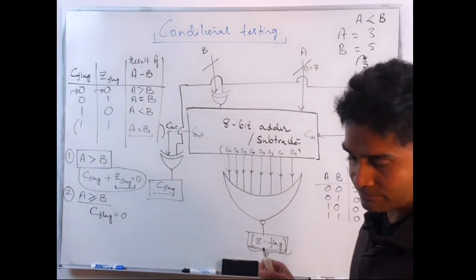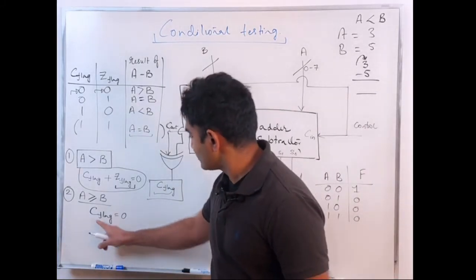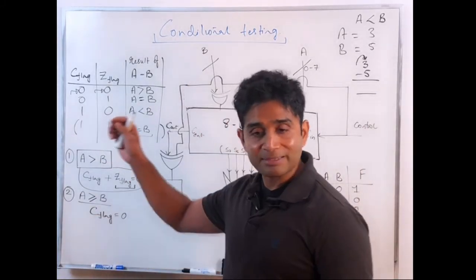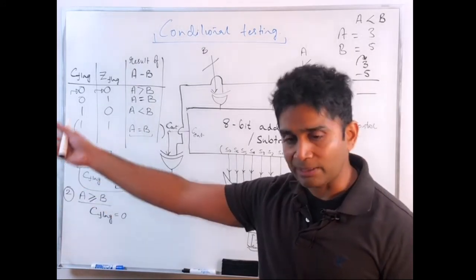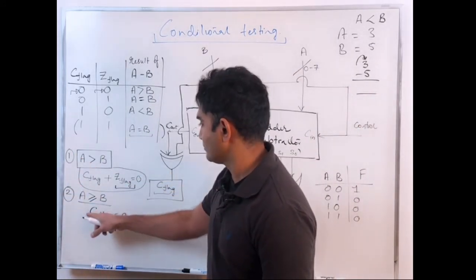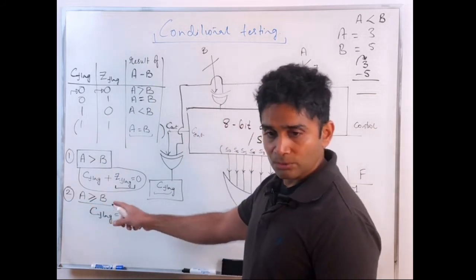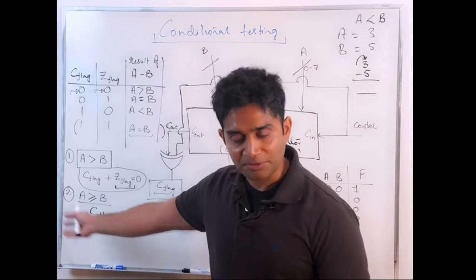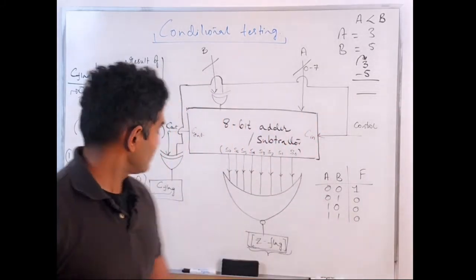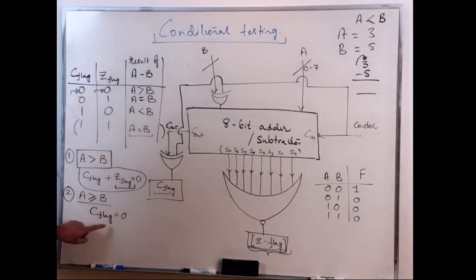Does it make sense? If C flag is 0, because again I'm not placing any condition on Z flag. Z flag can be a 1, in which case A equal to B. If Z flag is 0 and C flag is equal to 0, then A is larger than B. So either case it is satisfied. So for A larger than or equal to B, I test for C flag to be 0.